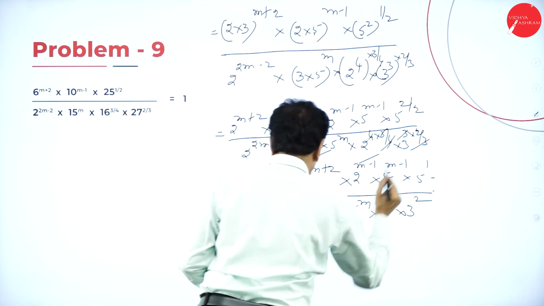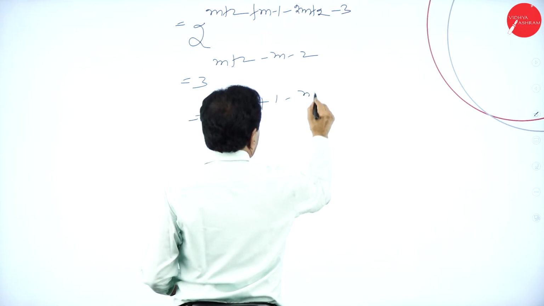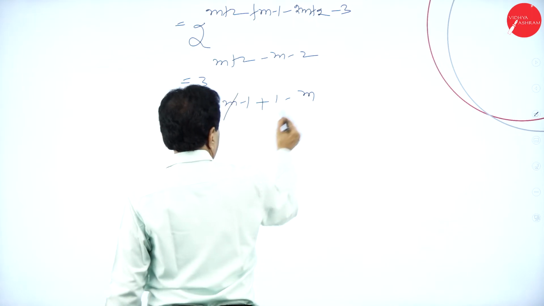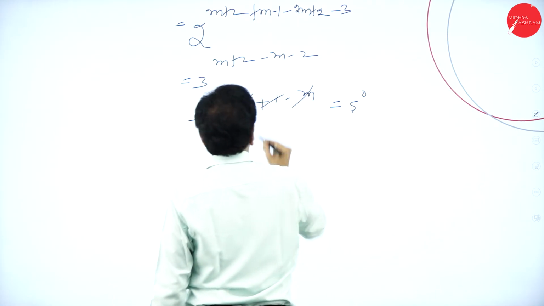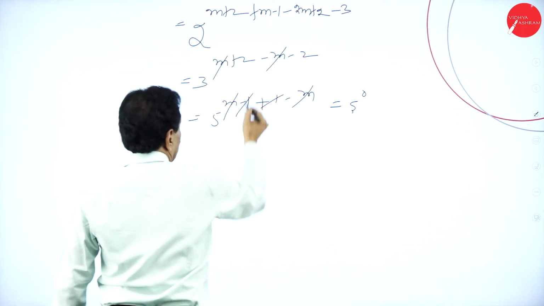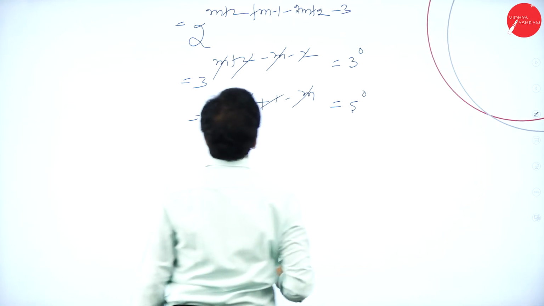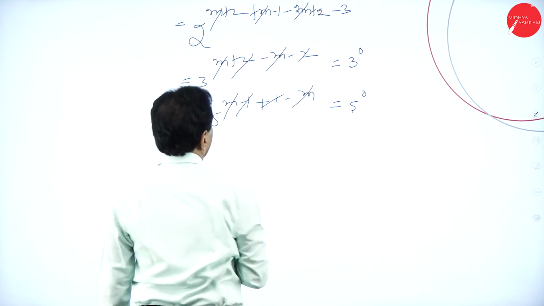This over, come back here, minus m. M cancel, 2 cancel. M plus m, 2m cancelled out.